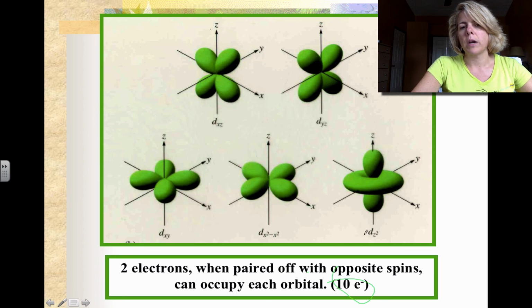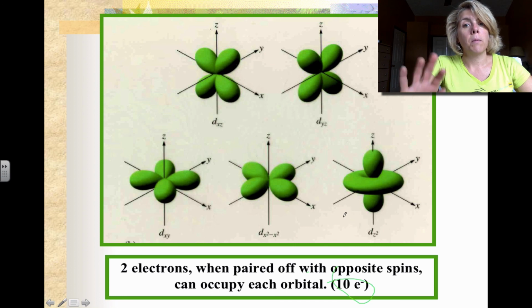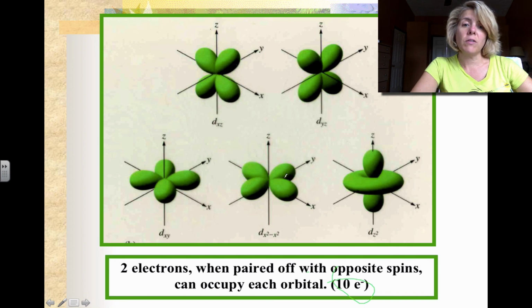So please notice there's 5 different possible locations, and each subset of the suborbital can contain 2 electrons. So even though there's 4 lobes, you can only put 2 electrons in those 4 lobes.